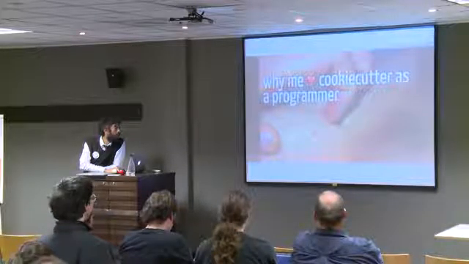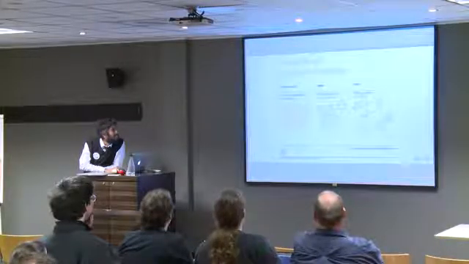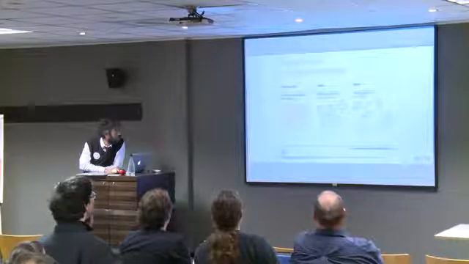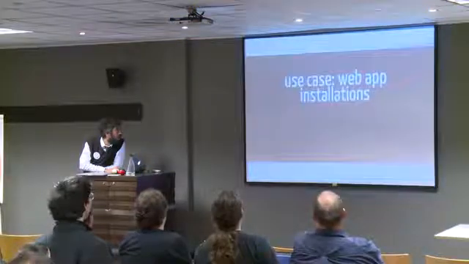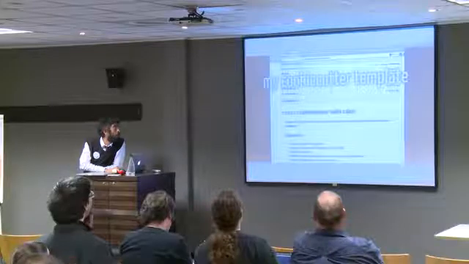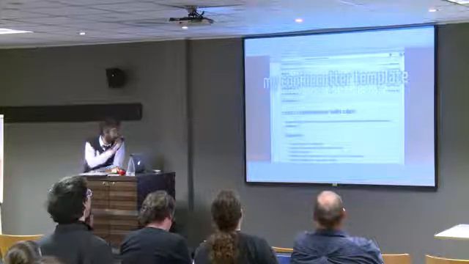So we like cookie cutter because it scratches my itches. There's the microservices architecture picture. This is what happened, they tell me. Yeah, we talked about that. Right, so this is my cookie cutter template for use with changes.